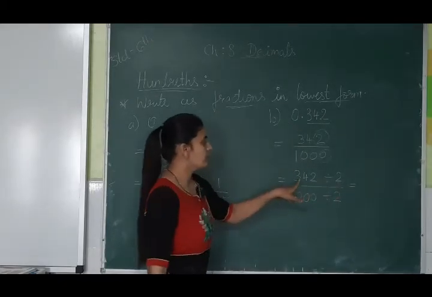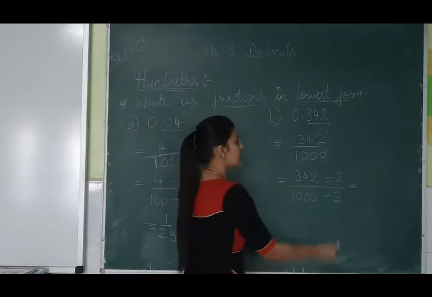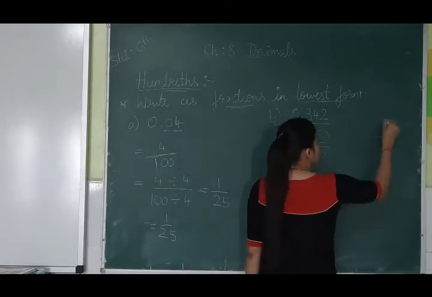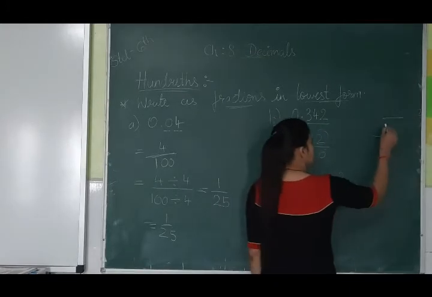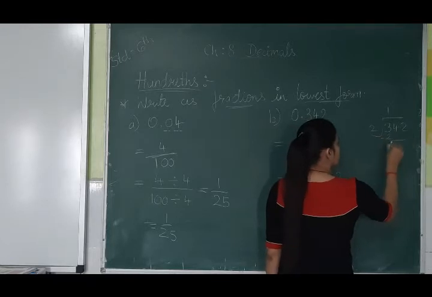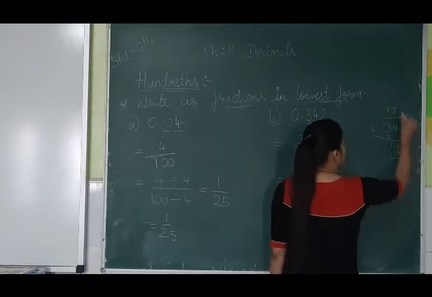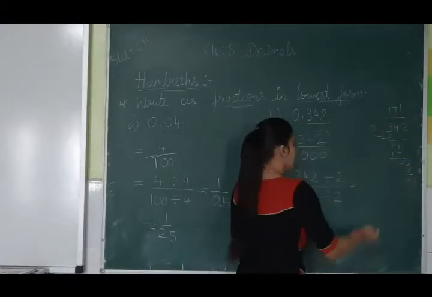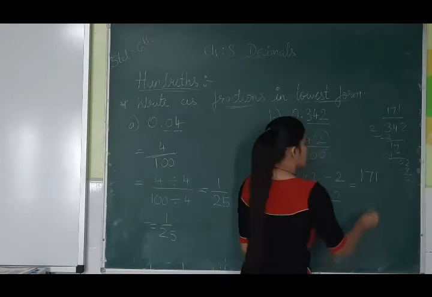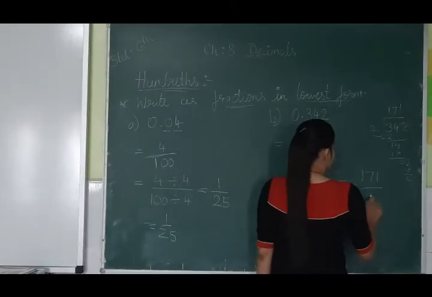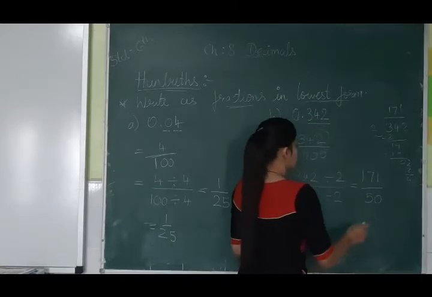Now 342 if we divide by 2, the answer will be 171. Here you can do rough work if you don't know. 3, 4, 2: 2 ones are 2, 2 sevens are 14, minus, 0, 2 ones are 2. So the answer is 171. 1000 divided by 2 will be 500.